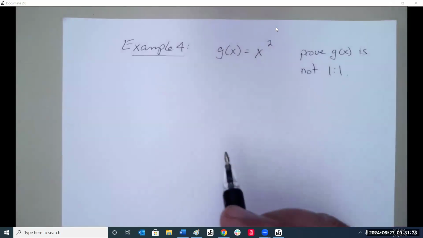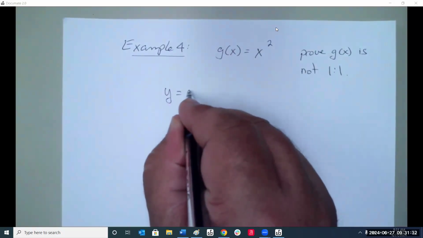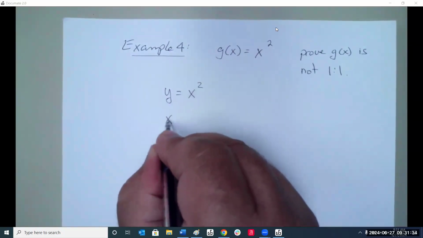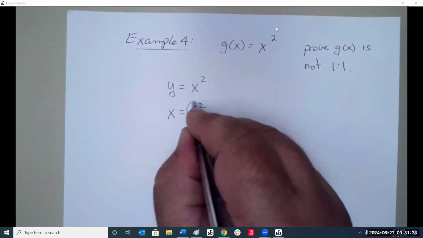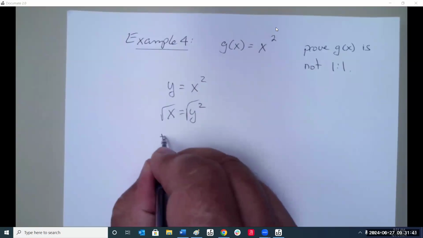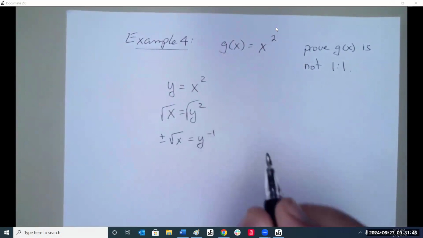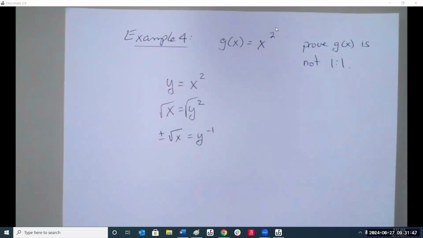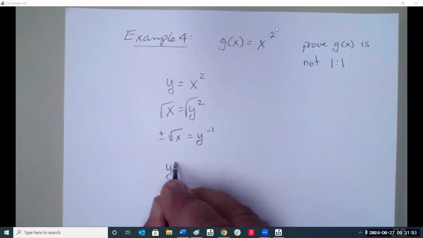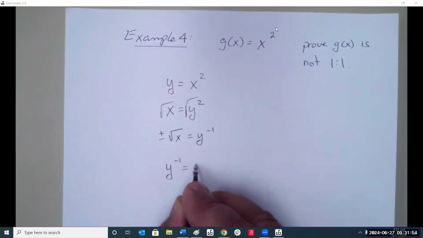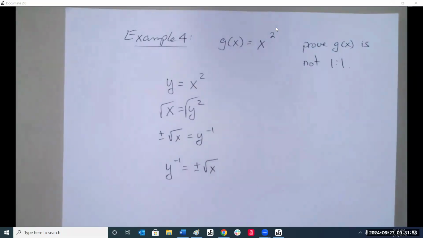Well, does this one have an inverse? Let's see. First off, switch X and Y and solve for Y. Okay, it's got an inverse.